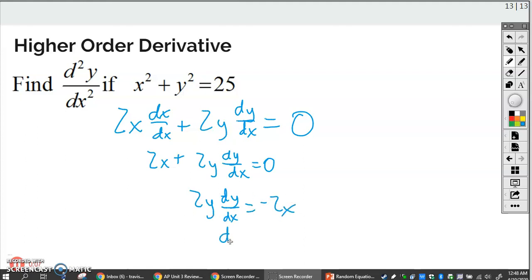Divide both sides by 2y, so dy/dx equals negative 2x over 2y. You can cancel out those 2's and get negative x over y.